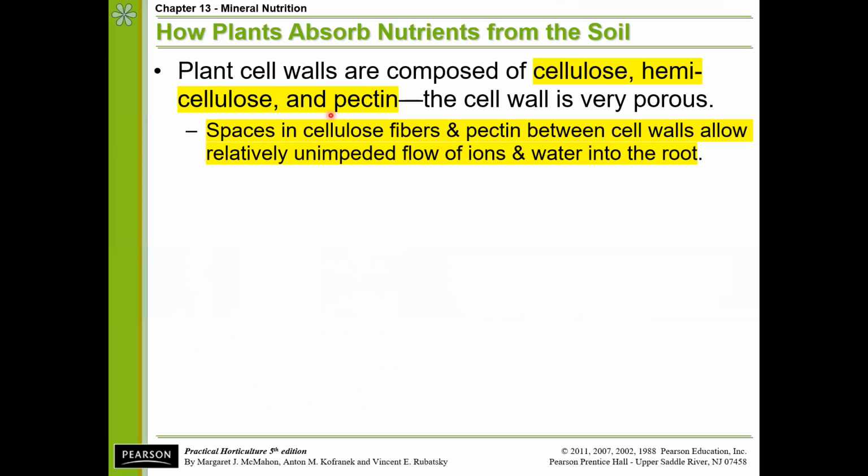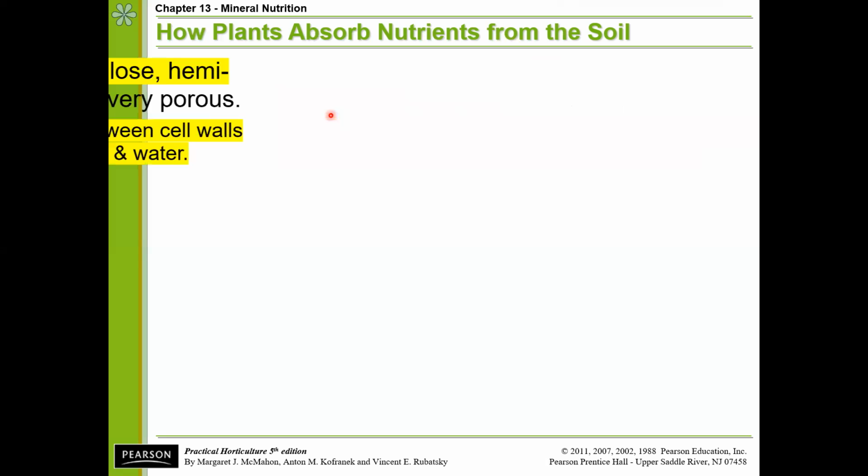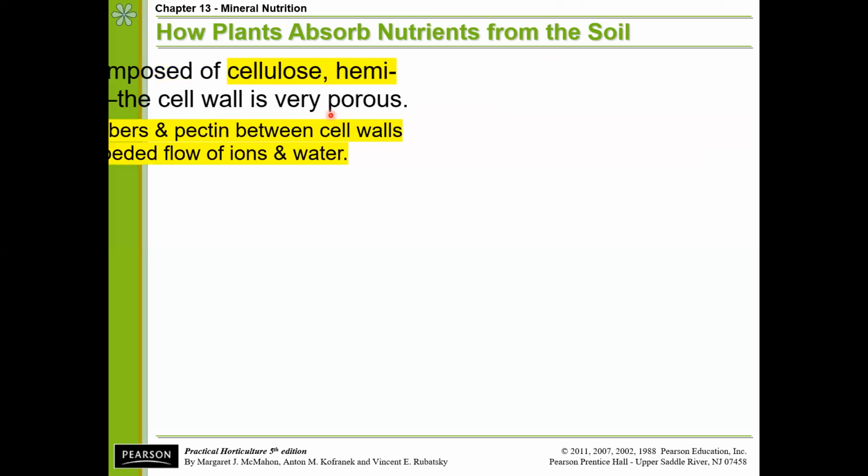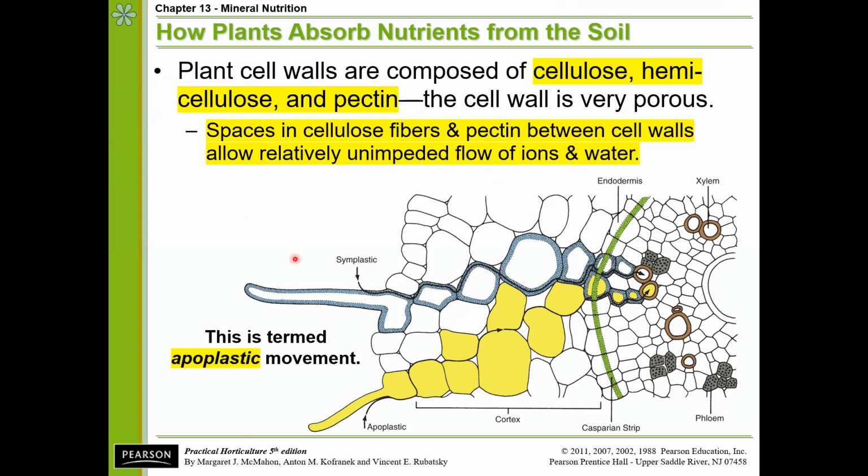Between all of this, we have our little spaces for the membrane. So pathways for the movement of nutrients. And we have two different types of movement of these nutrients in the plant.